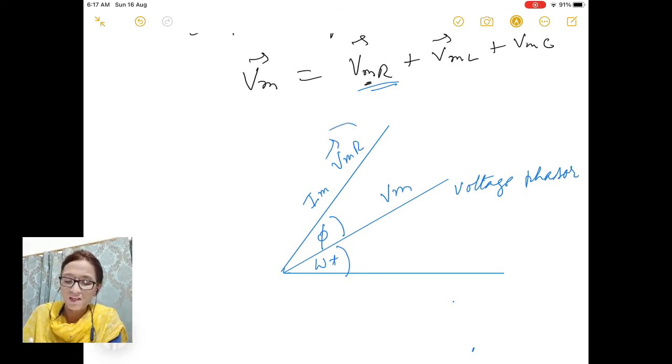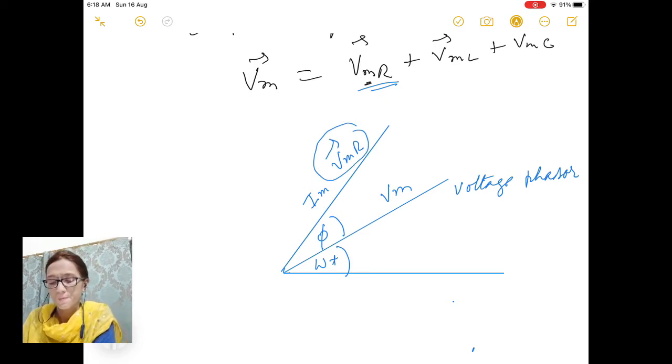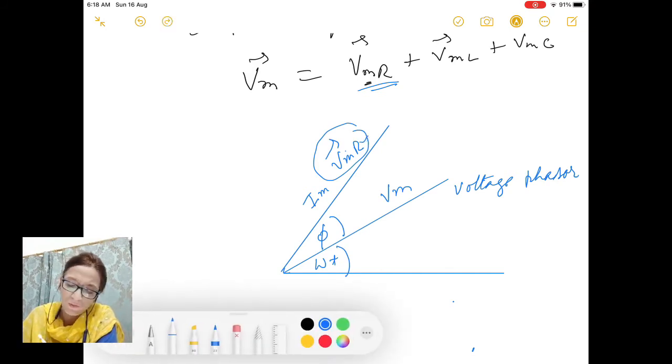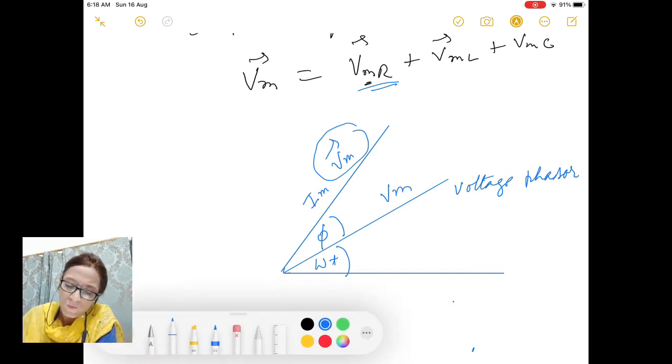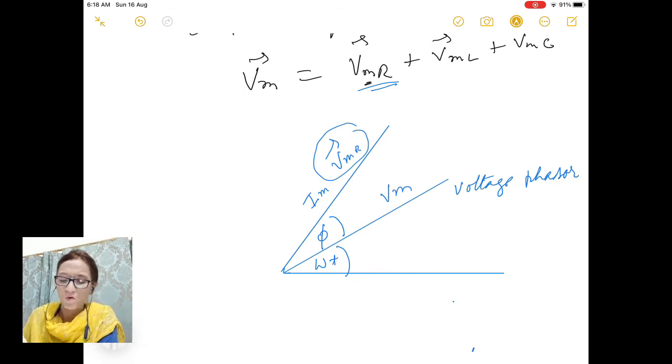This is your voltage phasor in a purely resistive circuit. This is subscript, R is not multiplied, this is actually your subscript. So let me write a small form, okay.